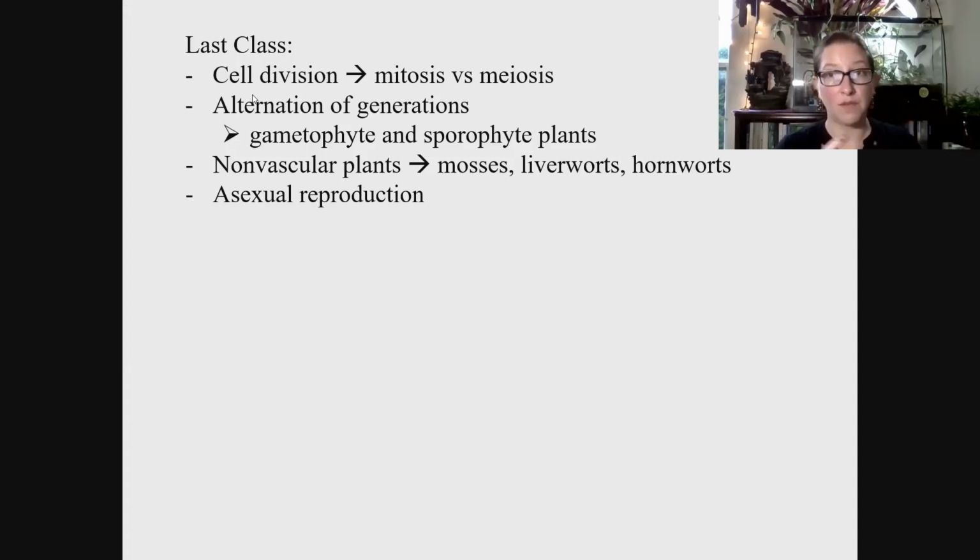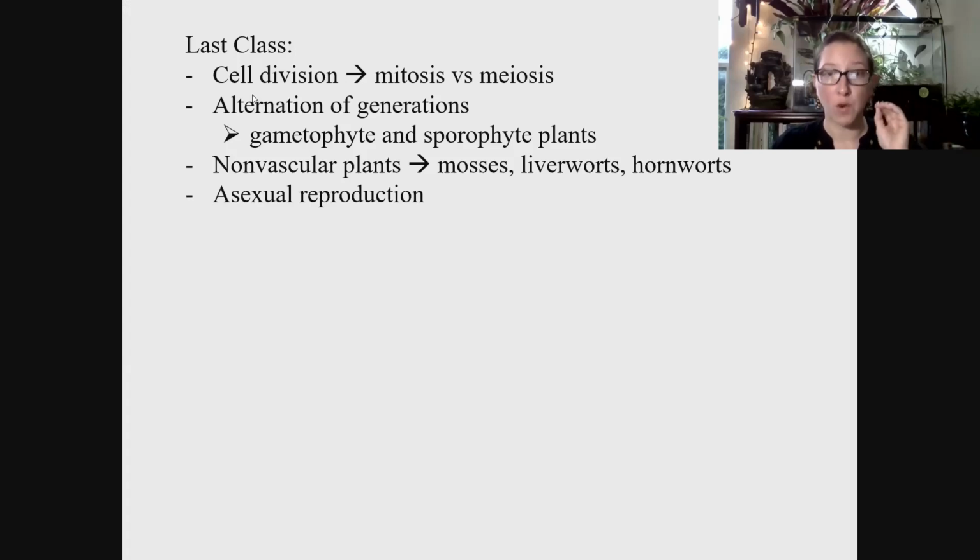If that still seems a little cloudy to you, that's okay. I think today might help reaffirm some of these concepts. We'll see a lot of repetition in terms we used last class. Briefly, mitosis and meiosis are two types of cell division.